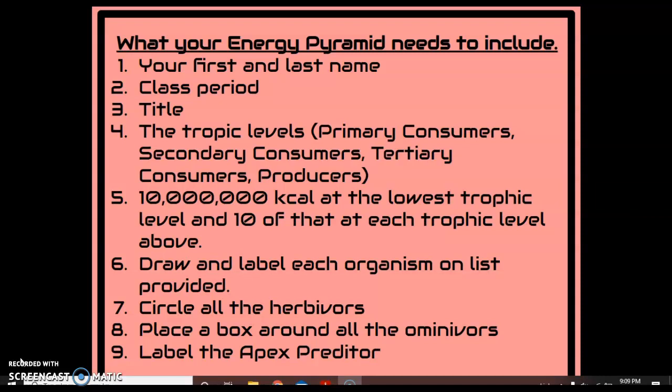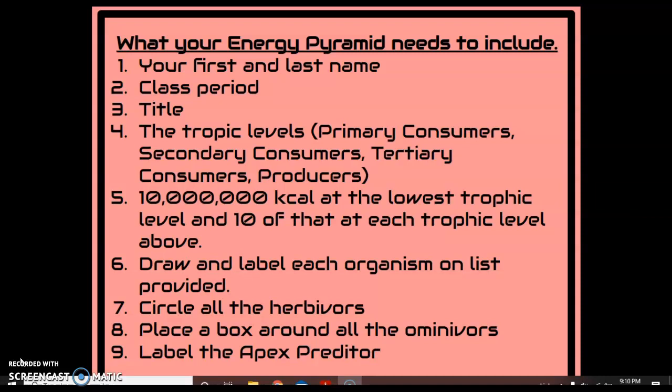Once you have all of them circled, you'll go into the next step, and that's placing a box around anything that's an omnivore. All omnivores need to have a box around them. That just shows me that you know what an omnivore is.